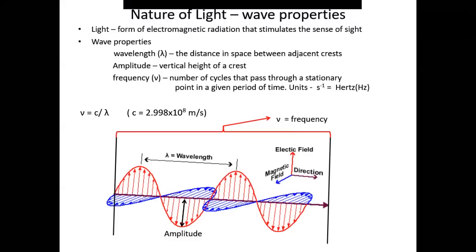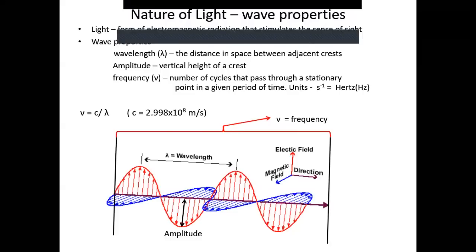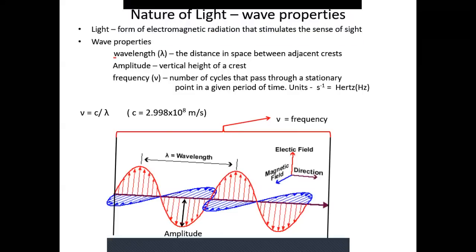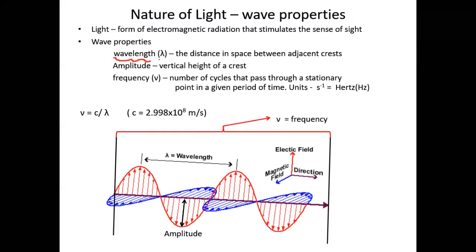It has some wave-like properties. So what are wave-like properties? Well, we just introduced them in the last slide, and these are wavelength, which is the Greek symbol lowercase lambda, and it's the distance between peak and peak on the wave, or trough and trough.